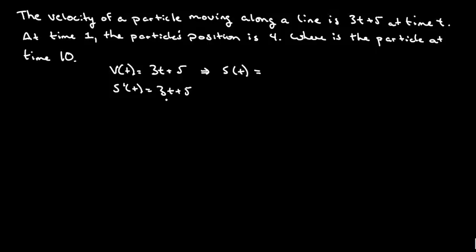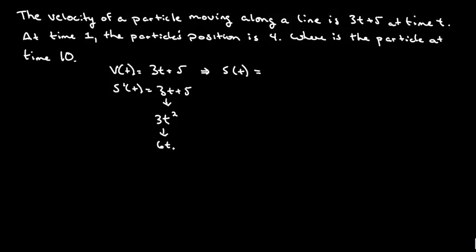We need to work backward. So we need a function that when we differentiate, we get 3t plus 5. So let's work on both of these. Let's just reason this out. To go backward, the idea would be to make this squared, so that when I drop the power down and differentiate, I get something back here.